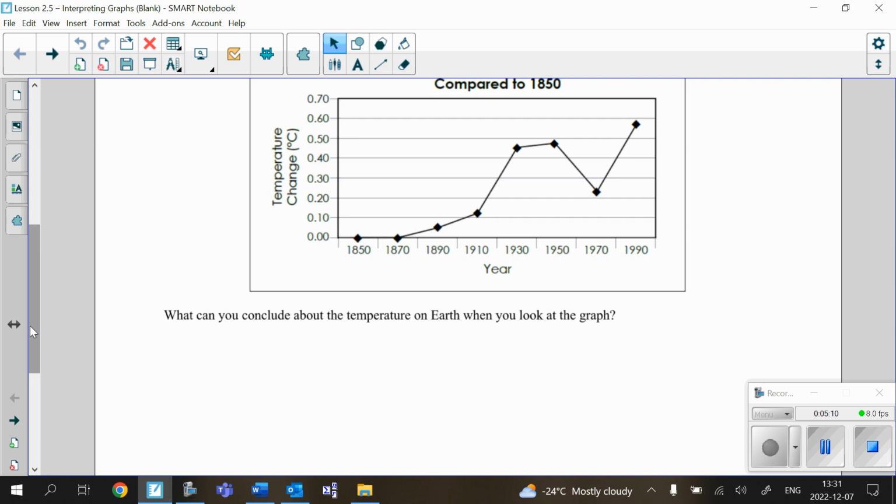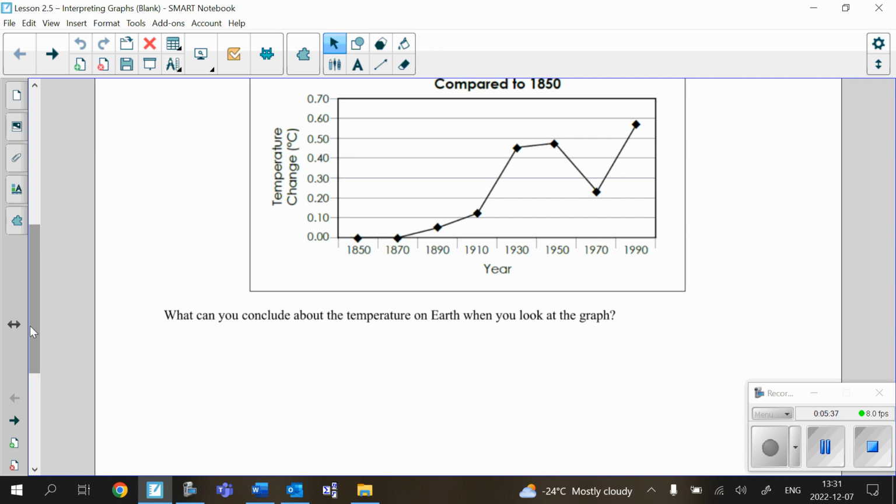So what was going on 1910 to 1930? Well, that was the First World War. So that could have been a big spike in production, big spike in machinery being used, which could affect the environment, which could affect the temperature, right? And like I said, everybody sort of has different interpretations.